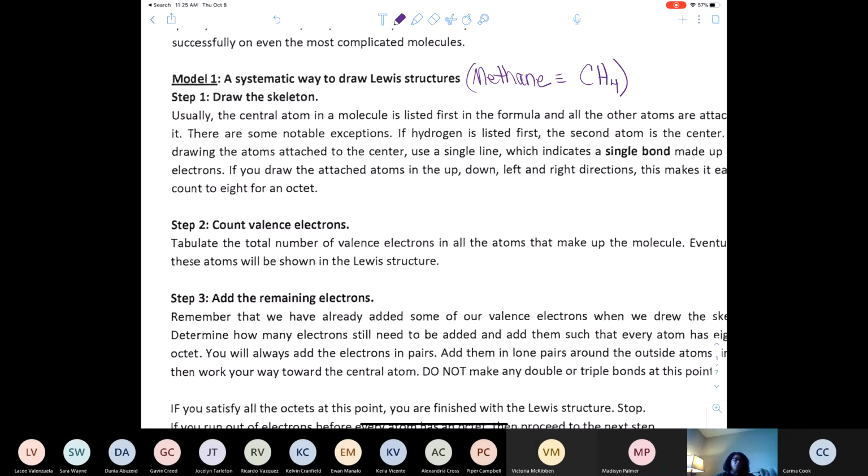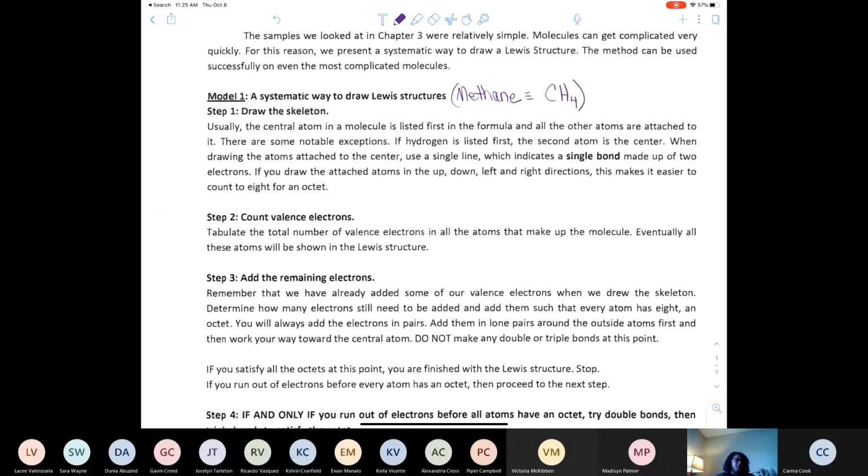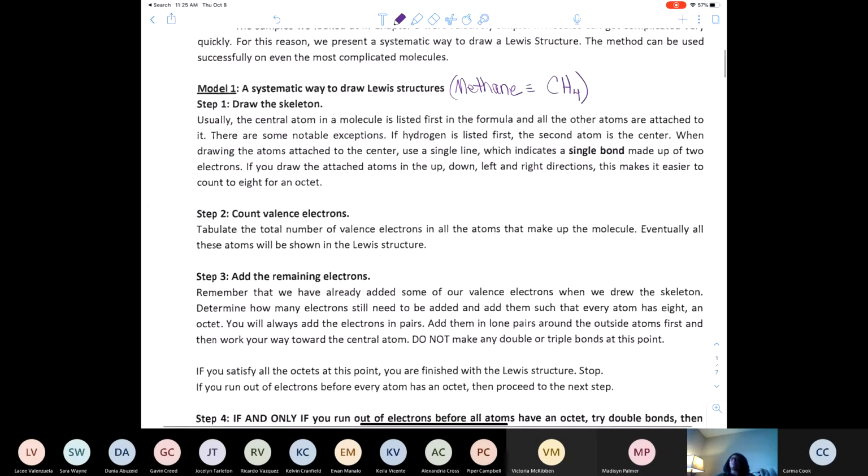So in going through the rules for drawing Lewis structures, we're going to apply those rules and draw the structure for the methane molecule. Once you know the formula of the compound or molecule that you're required to draw the Lewis structure of, you've got to figure out which atom in that formula is the central atom.